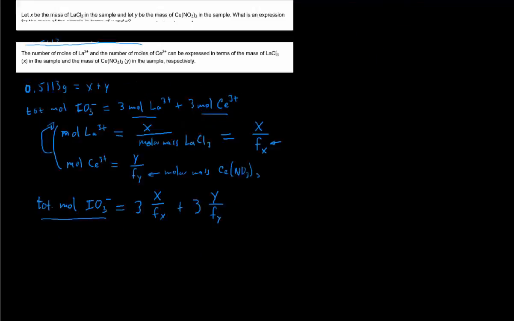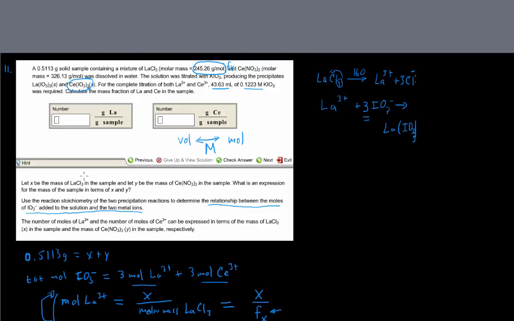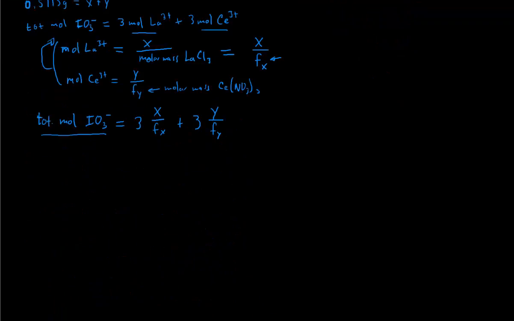And so in this problem, it looks like we added 43.63 milliliters. So 43, and we're going to convert that into liters. So 0.04363 liters, and we want to convert that into moles. So there's 0.1223 moles of potassium iodate, KIO3, per liter of solution, and that's the molarity, right?